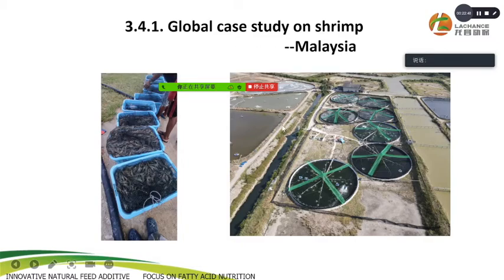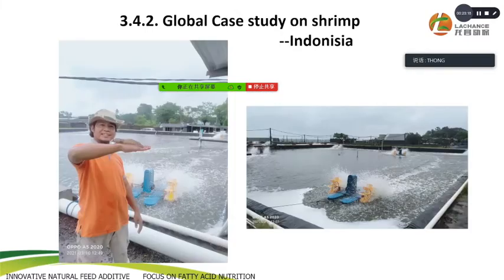This is from Malaysia. This is our model farm. They use the bioacid in the round tank, which is 500 square meters. Before, they always got white feces, and just now I mentioned EMS, but after adding some bioacid, it did increase the production of the farm.